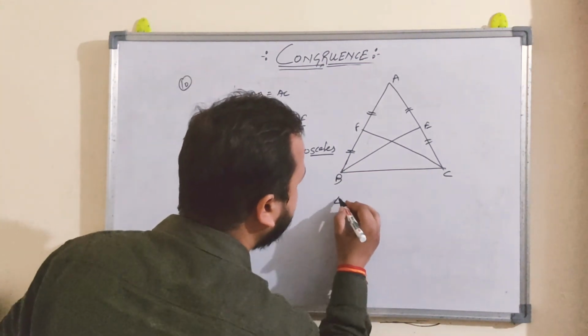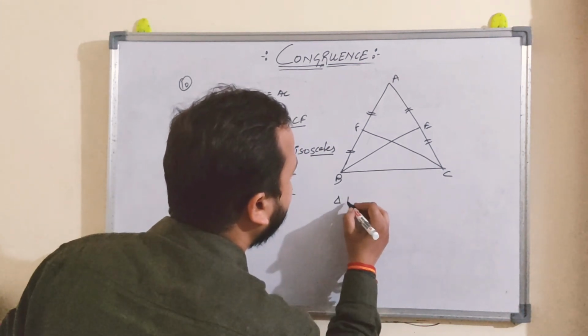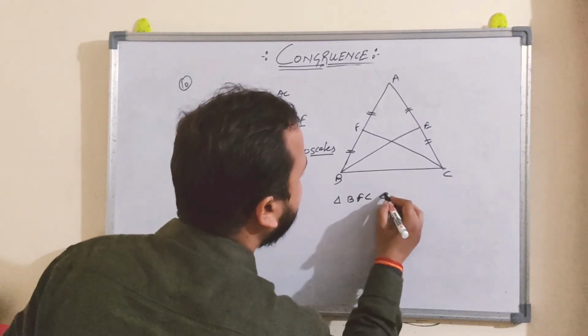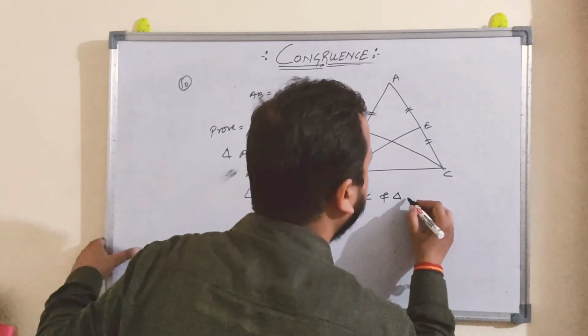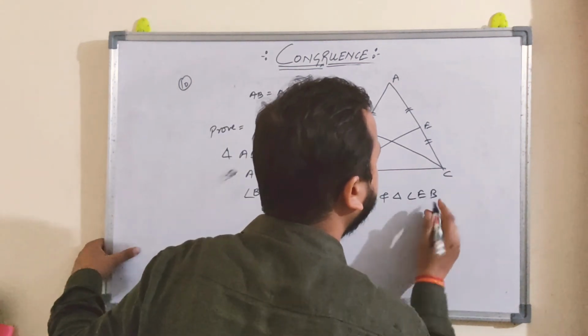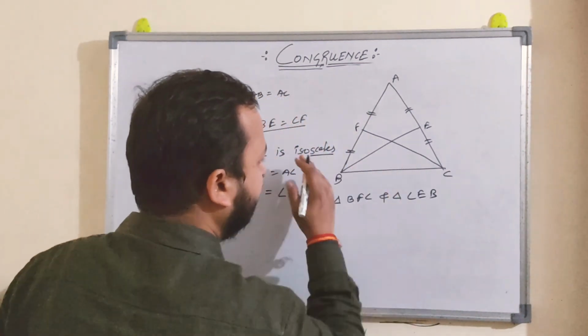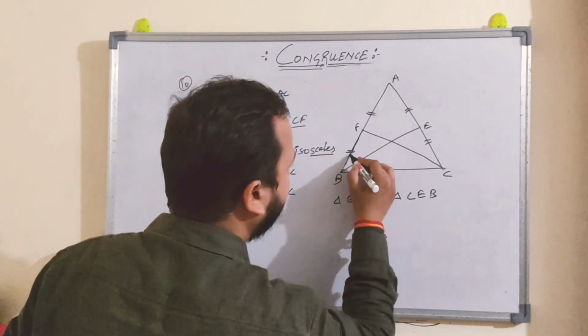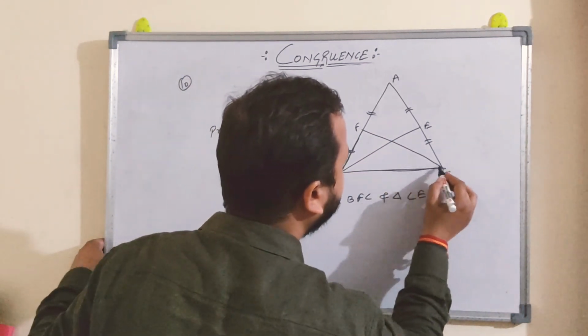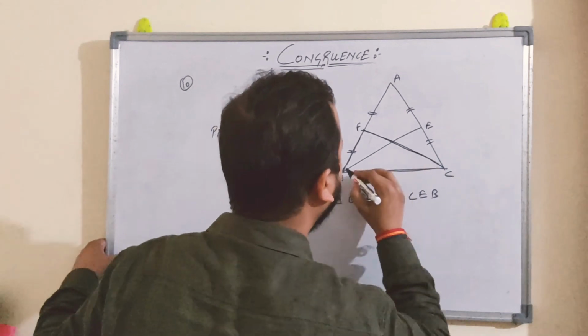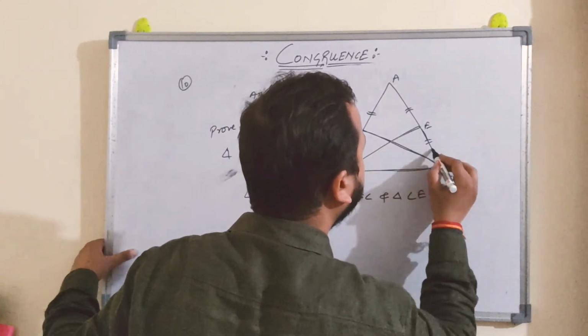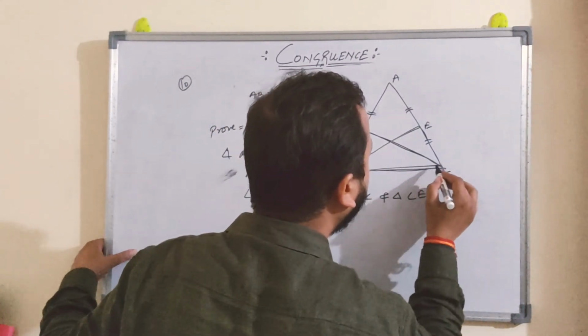Now come to triangles, triangle BFC and triangle CEB. This triangle I'm talking about, this one and this one, right?